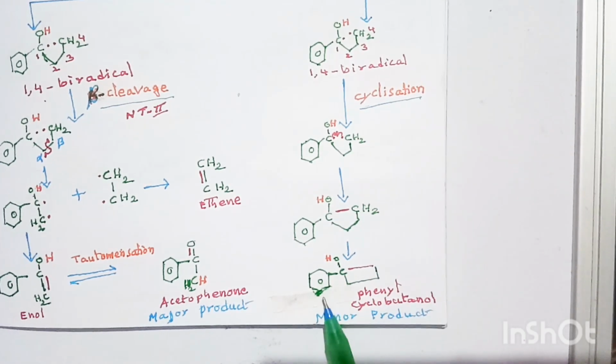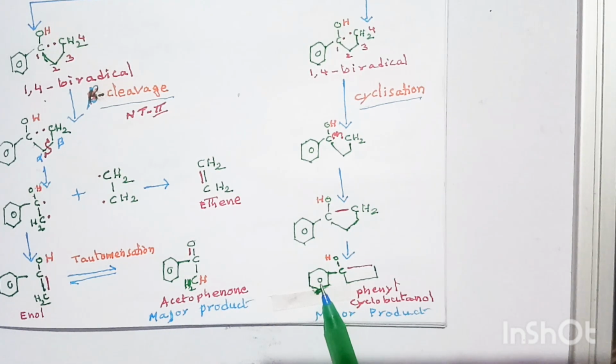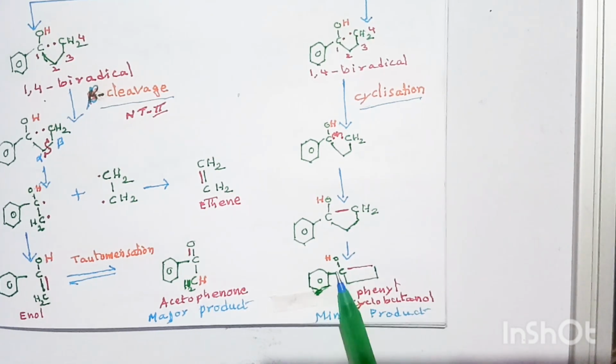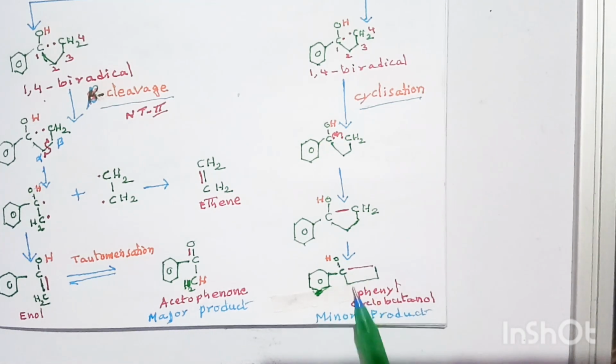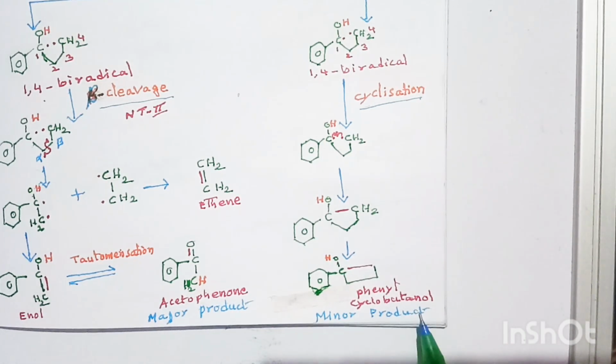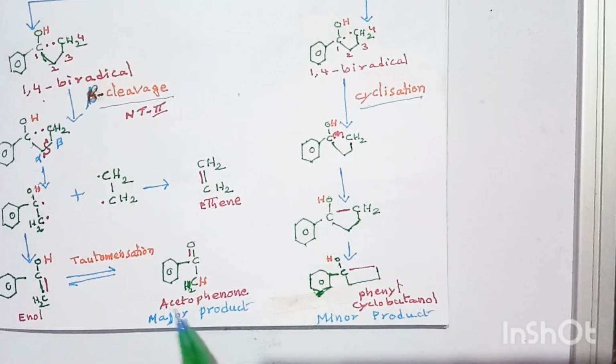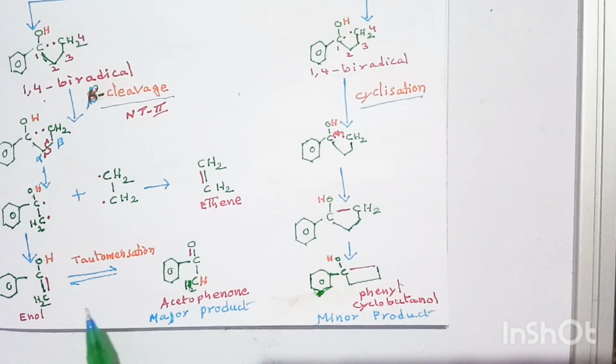This is called phenyl cyclobutanol. This is cyclobutanol because it has 4 carbon atoms attached to an OH group. Since a phenyl group is attached here, it is called phenyl cyclobutanol. This is a minor product. So the major product here is acetophenone.